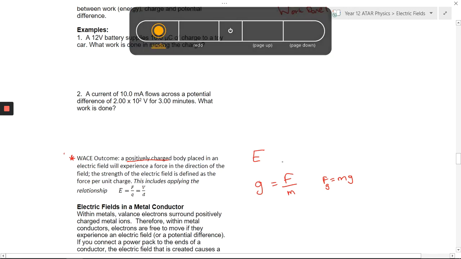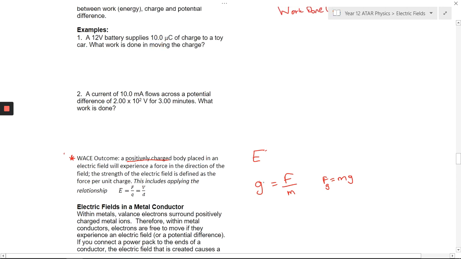You don't need that. For an electric field it's a similar idea, but it should be the force per unit charge, not per unit mass. So the electric field strength is equal to the force divided by unit charge, and you can further say that it's the potential difference divided by the distance between the two objects.